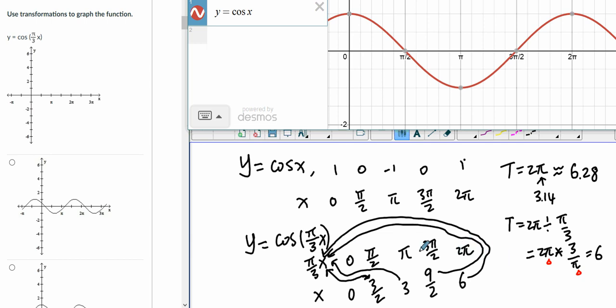And then you know when the whole quantity pi over 3 times x is 2 pi, you have 1. So here basically for this function, when x is 6, you have a 1, rather than when x is 2 pi, you have a 1.